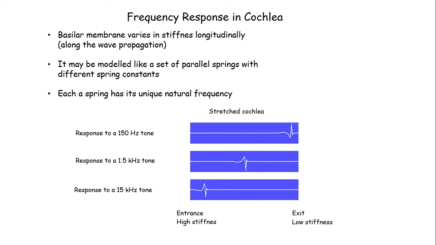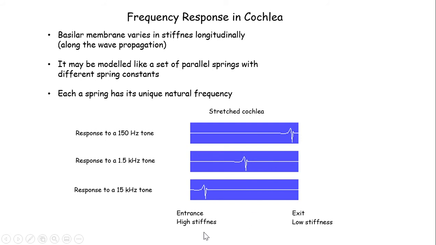So each spring has its unique natural frequency, meaning that the driving force that the vibration of the water constitutes will cause a resonance effect at different positions along the cochlea.